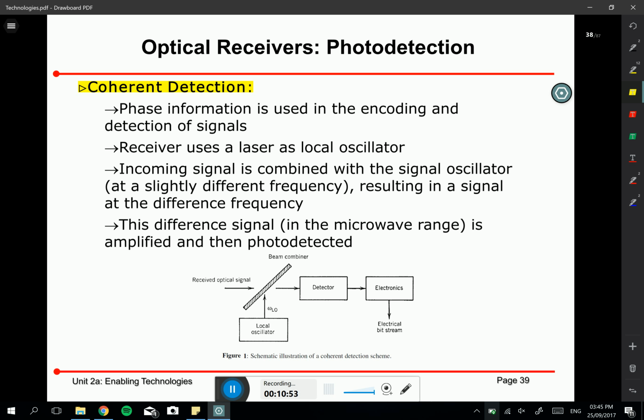And you should know that when you combine two signals over a specific material, here it's called beam combiner, when you combine two signals with similar frequency, what you obtain is a signal at a frequency which is the difference between the two signals. So here you have F1, here you have F2. You combine them, you get a signal at F1 minus F2. And at that level, you can more easily detect the phase. Coherent detection. Again, it's not my job to explain what is coherent detection, just to give you an idea.